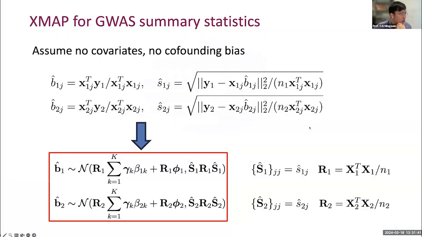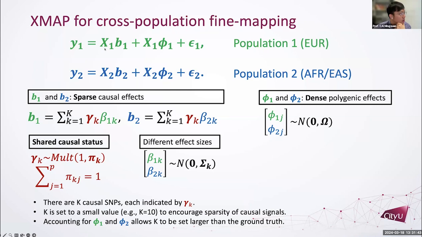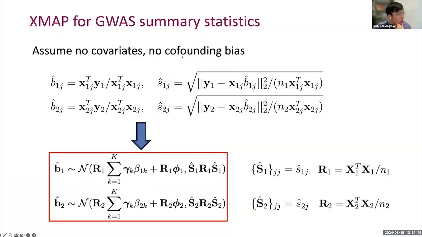So here, we have only used the individual level data. Now we can extend the model to the summary level data. For summary level data, we have the marginal effect size, B1 hat, and its associated standard error, S1 hat. These are marginal effect sizes from marginal regressions, and we also have the effect size and standard error for population 2.